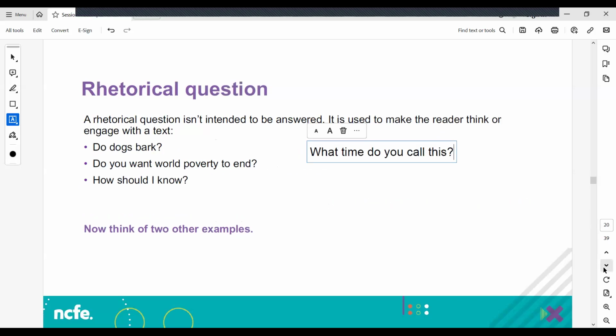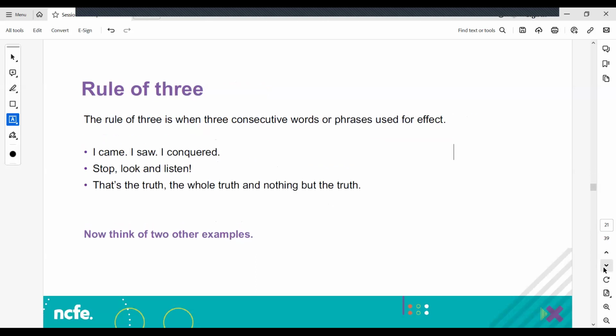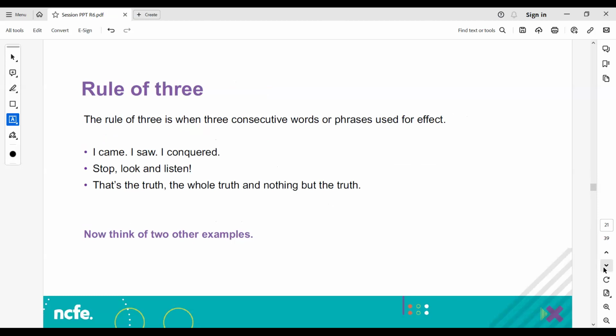Let's move on. So the rule of three, similar to repetition, but it's more about the rhythm of the sentence, how it sounds when you're reading, that causes that effect. So three consecutive words or phrases are used for effect.